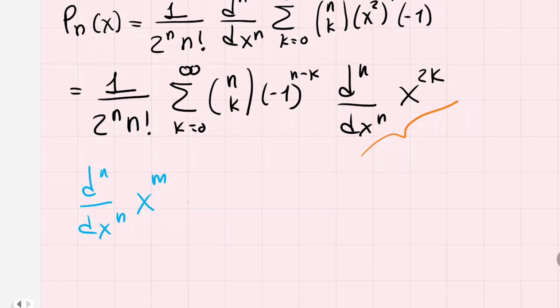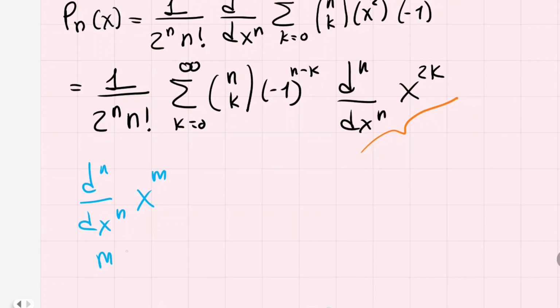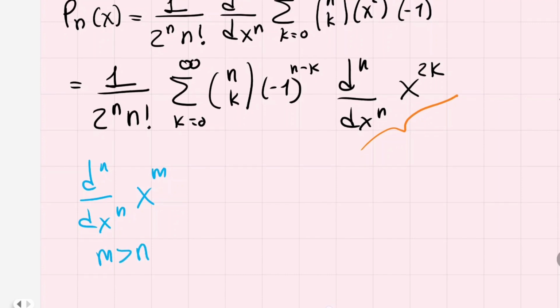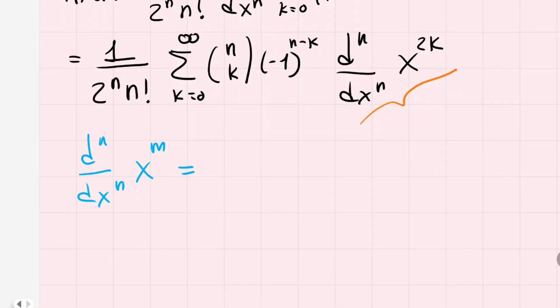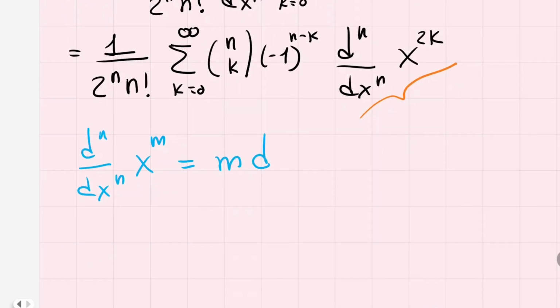And in this case, also m is bigger than n, because if n is bigger, then this will be 0. Okay? So we will get, for example, m times the derivative n minus 1 with respect to x of x to the m minus 1. Okay, and we need to continue taking derivatives again and again.